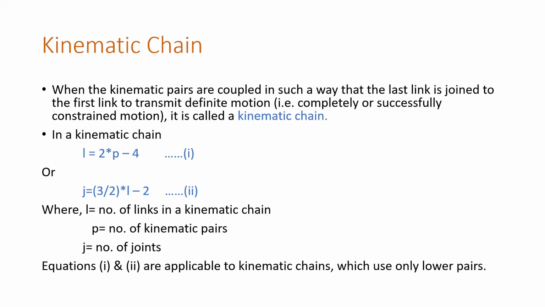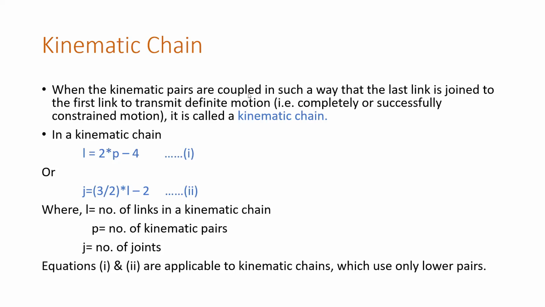Then we have seen that when two kinematic links are connected together, they form a kinematic pair. Now let us extend this to make it a kinematic chain. So how is a kinematic chain made?